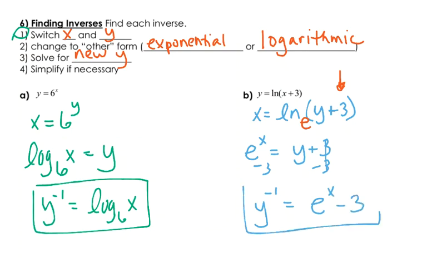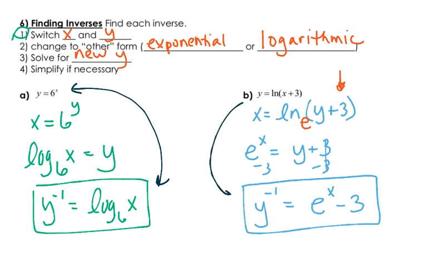Remember that y to the negative 1 is just showing you that this is the inverse. Notice that the inverse from the original problem to the answer, one's always in log form and one's always in exponential form, which is why logs and exponents are inverses of each other.